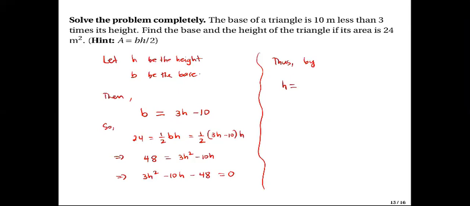By quadratic formula, h equals negative b, so that's 10, plus or minus square root of b squared, negative 10 squared minus 4 times a, which is 3, times c, which is negative 48, all over 2a. So 2 times 3.